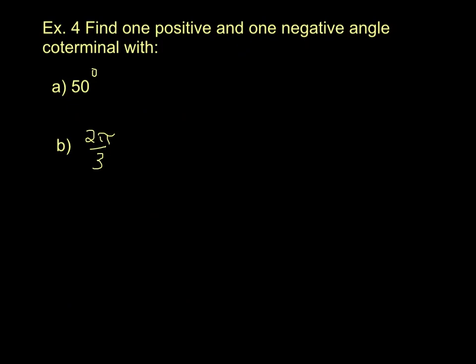So, find one positive and one negative angle coterminal with each of these given angles. If I look at part A, if I've got 50 degrees, I would add 360 degrees to that, which would give me 410 degrees. That would be a positive coterminal angle.